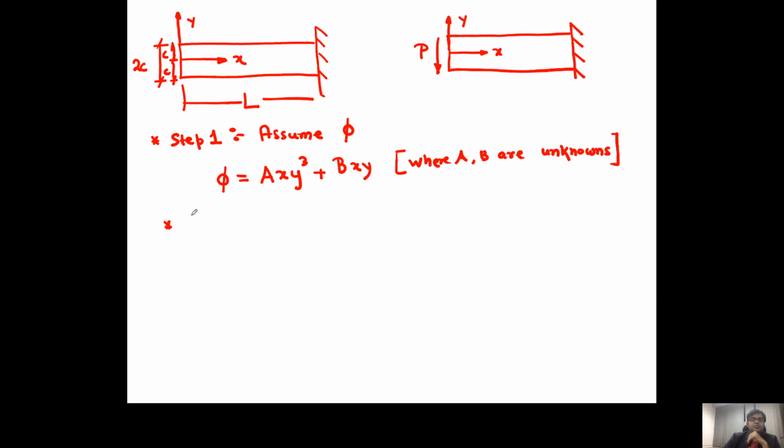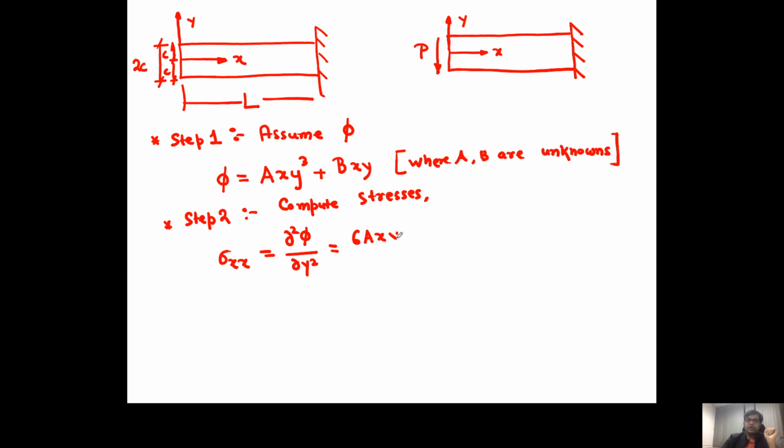So now step 2, and step 2 is we compute stresses, right? Which means, first I want to compute sigma xx, which is del 2 phi by del y2, and this will become 6 a x y.